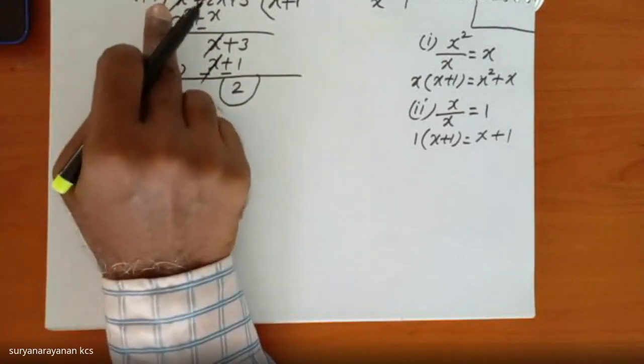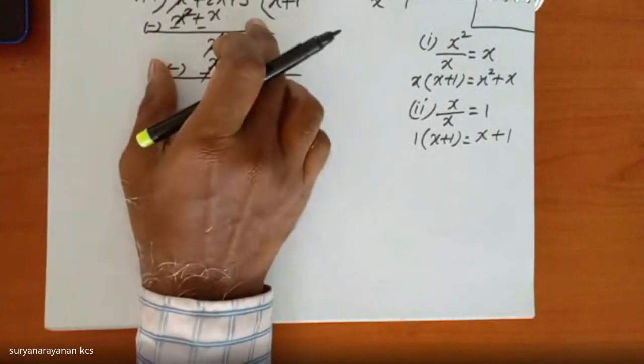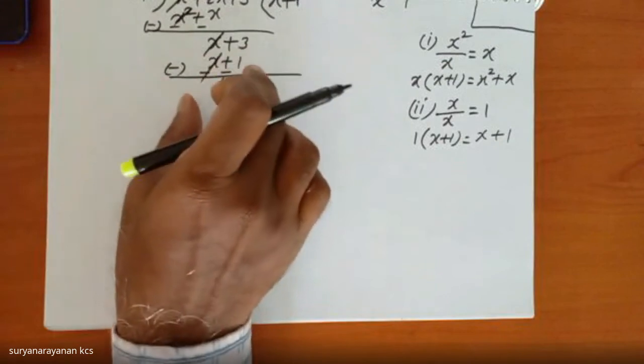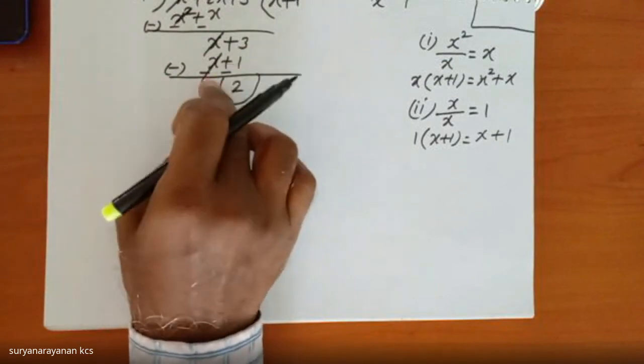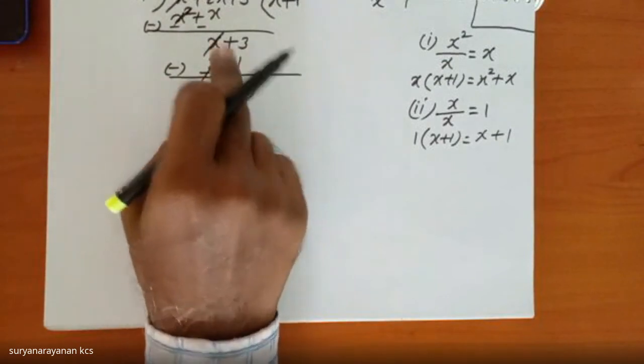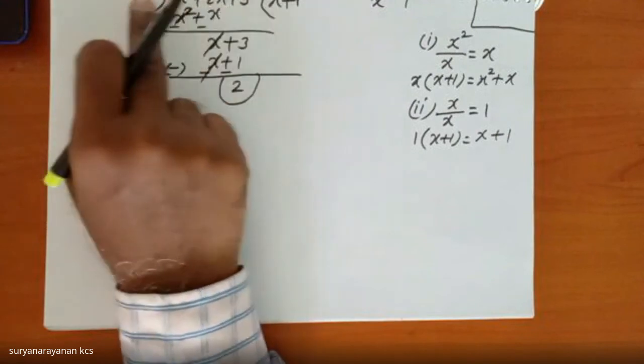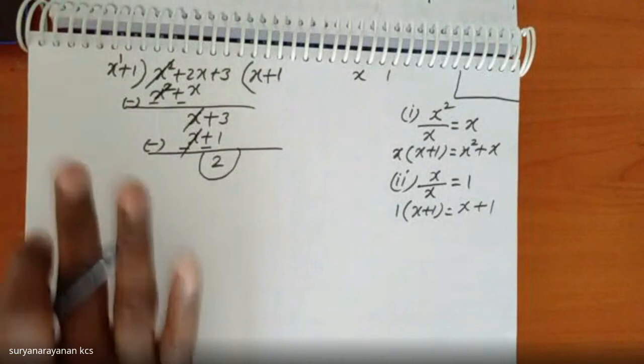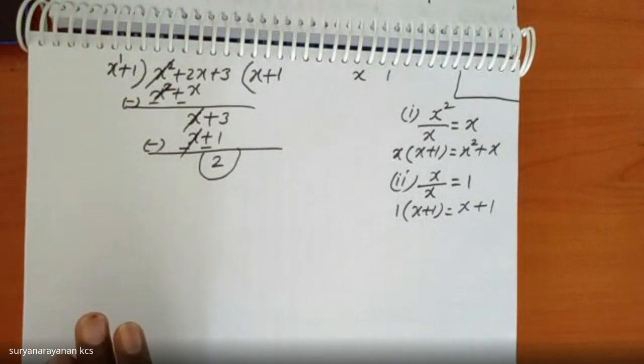Here we focus on finding a remainder when you are dividing a polynomial by a linear polynomial, only linear polynomial. We are discussing this concept only, not anything else.